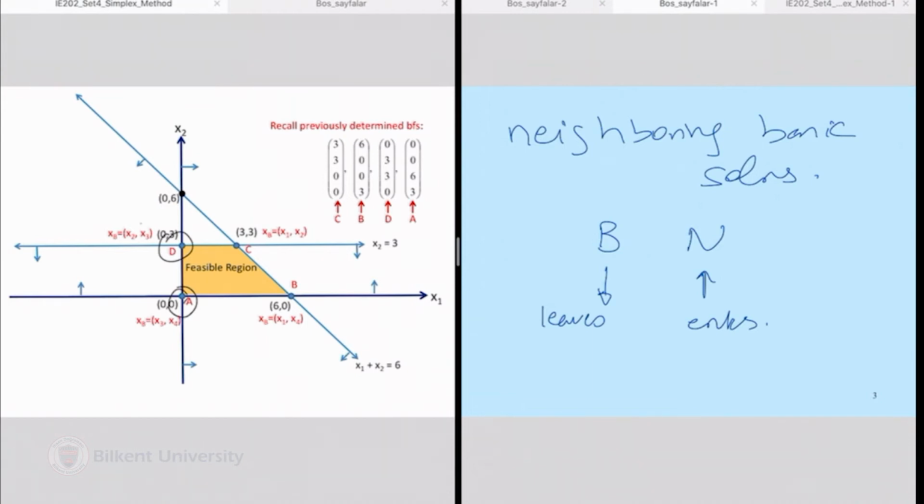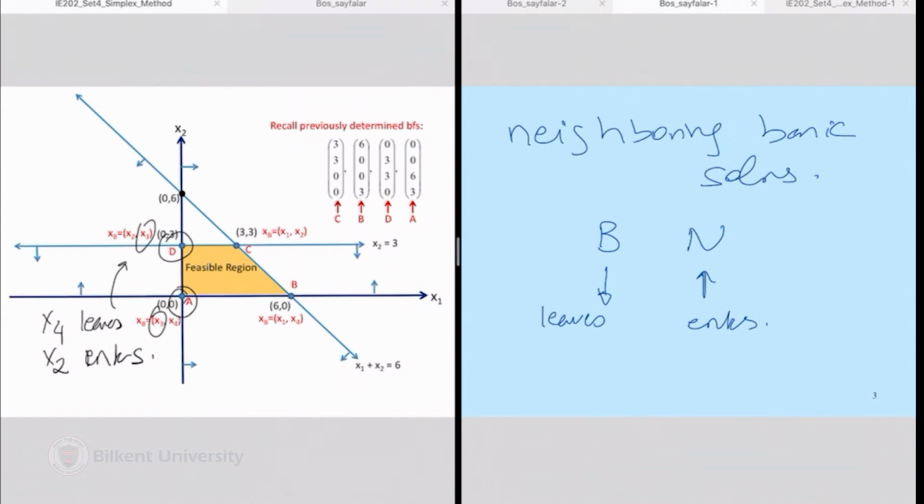So x3 is common in both of them. So in getting from A to D, I basically kick out x4, and I put x2. All right? So one variable leaves the basis, another one enters, and there is a switch, and I only consider one switch possibilities for neighborhood.